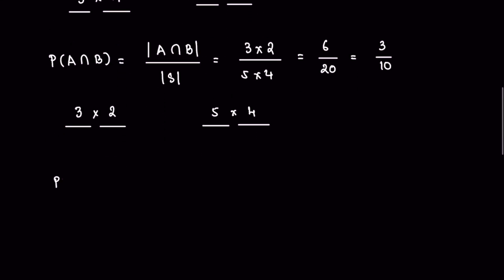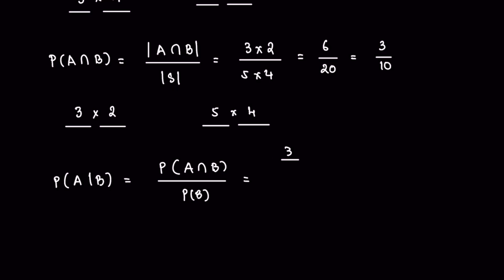Therefore, the probability of A given B is going to be equal to the probability of A and B over the probability of B. The probability of A intersect B is 3 over 10, divided by the probability of B, which is 3 over 5.